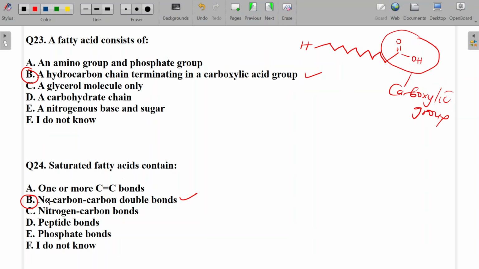It's just a carbon to carbon single bond. So if it has a double bond, meaning that it is wrong. This one is saying no carbon to carbon double bonds. Even if they've not mentioned carbon to carbon single bond, since they've just mentioned this one, it is the best option and it is better than the rest.